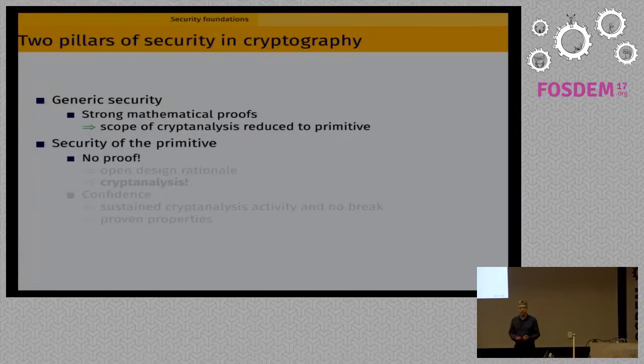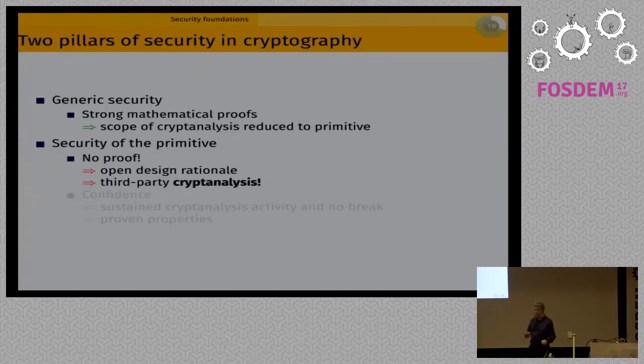But the problem is that when you talk about the security of the permutation, the primitive, there is no mathematical proof that it's secure. So the only way to gain some confidence is first to have some open design rationale of the permutation, and then have some cryptanalysis.